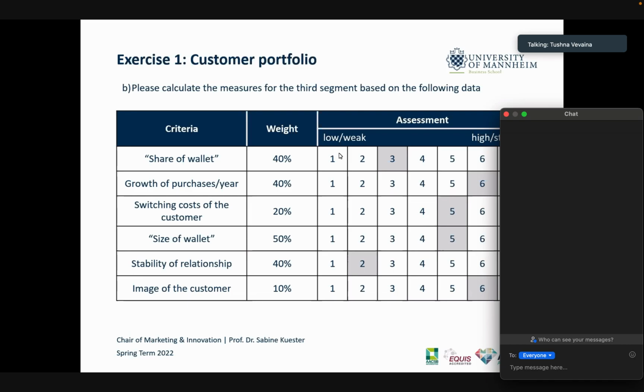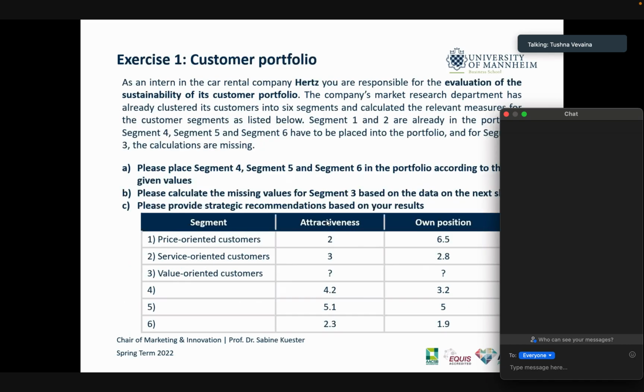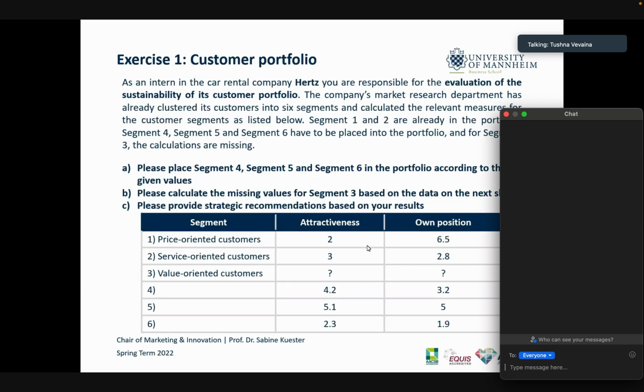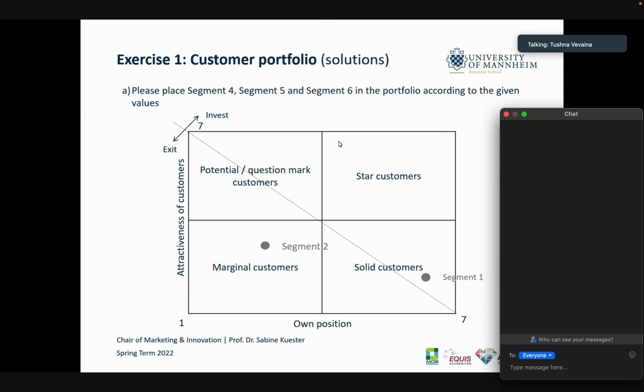Okay. So does anyone want to answer in which part of these four different quadrants that we have would segment 4 fall into? Anyone wants to raise their hand? Okay. Gabrielle, you raised your hand. Where would segment 4 fall into?